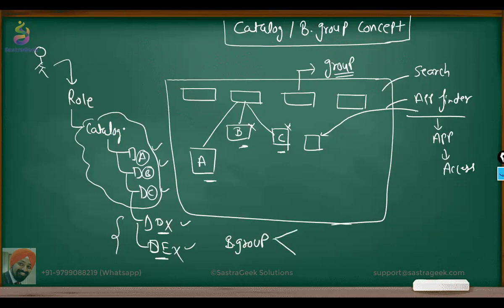So this is catalog N1, and there would be another catalog N2 which has applications X, Y, and Z. You can create a business group where you say I need application A, which is coming from catalog N1, application B, which is coming from catalog N1 again, and I also need application Y, which is coming from catalog N2. Although these are two different catalogs, you are able to combine them into a single business group as per your business needs.